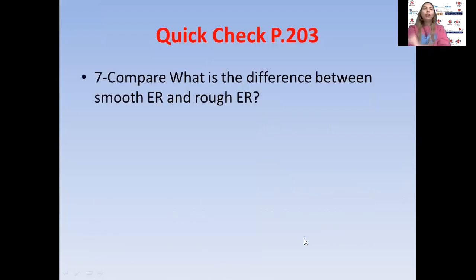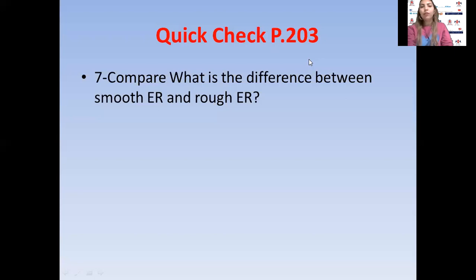Now quick check, number 7, compare. What is the difference between smooth and rough endoplasmic reticulum? Smooth without what? And rough endoplasmic reticulum with. If you know the answer, raise your hand. Khalid? Yes. The smooth ER makes lipids and helps break down materials that could damage the cell.